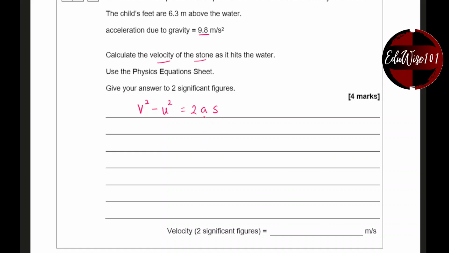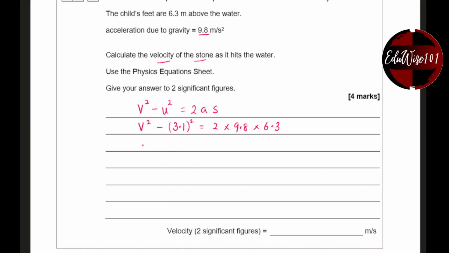s is the distance, a is the acceleration due to gravity, and u is the initial velocity. So v squared minus, let's substitute the values. u is 3.1, so that'll be 3.1 squared, equals 2 times 9.8 times 6.3.